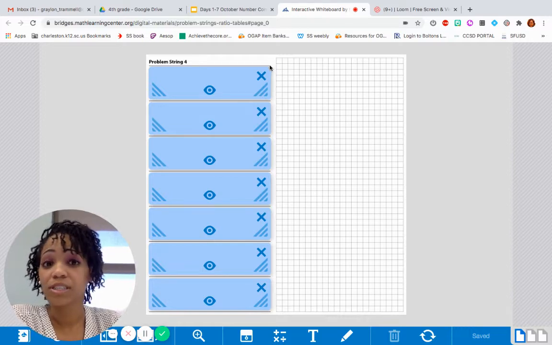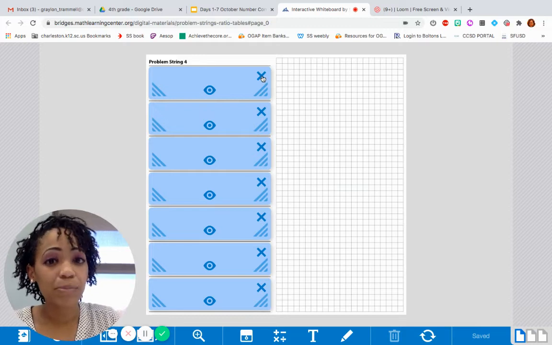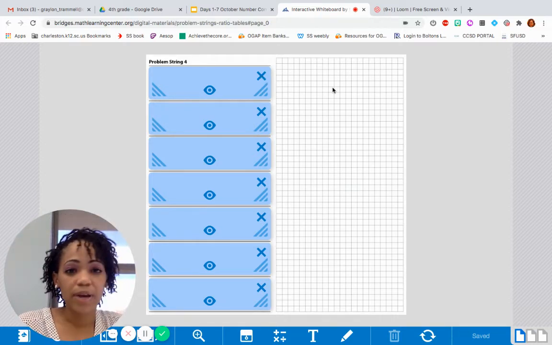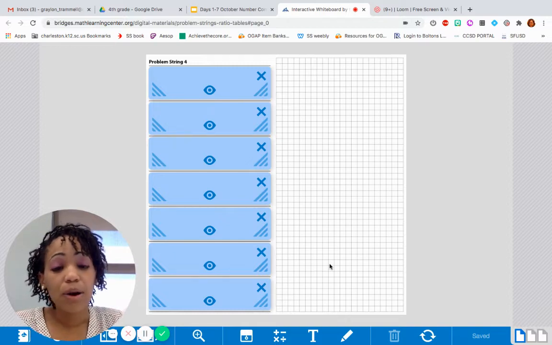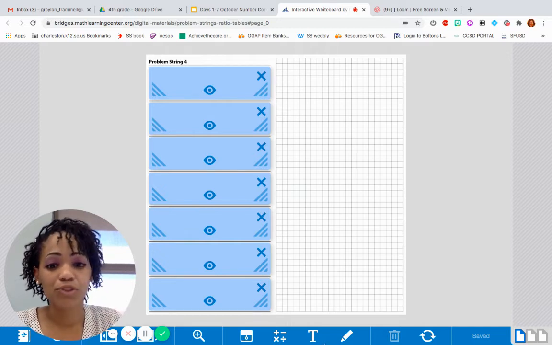So our problem string today, we have a box of modeling clay with 4 sticks in each box, okay? So as I get started, I want you to go ahead and we're gonna create what may look like a T-chart, but we're gonna come to learn it by a different term before the end of our problem string.